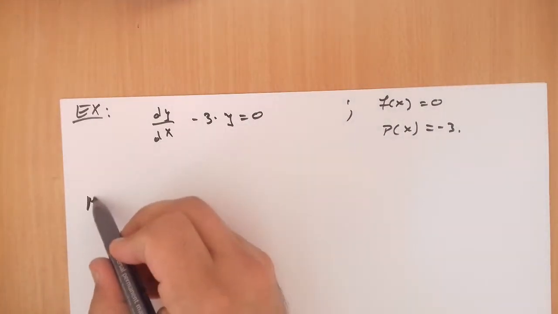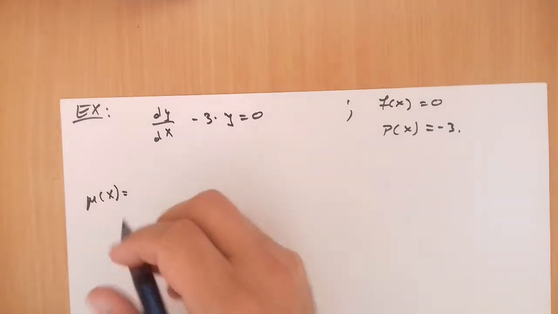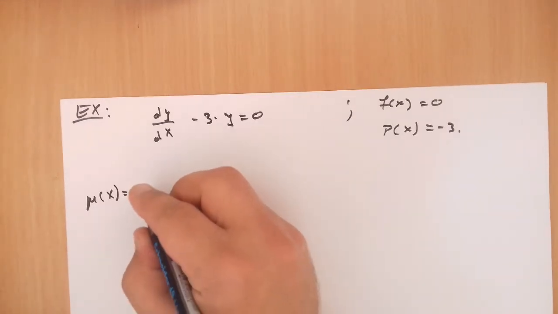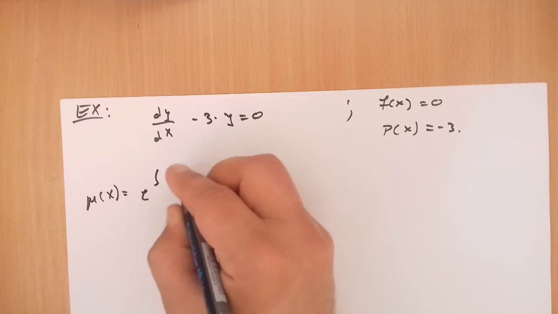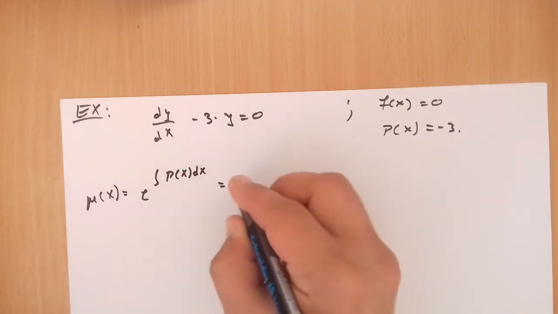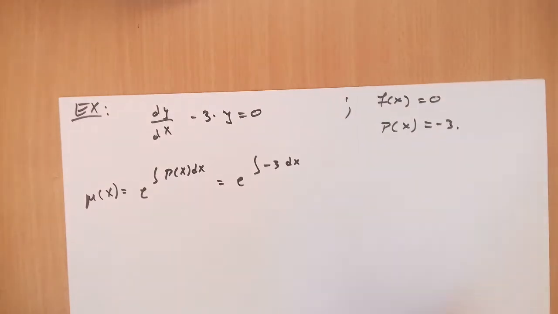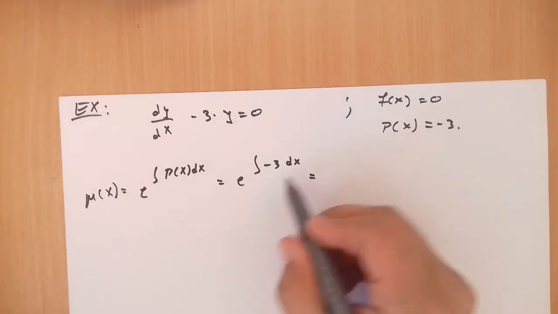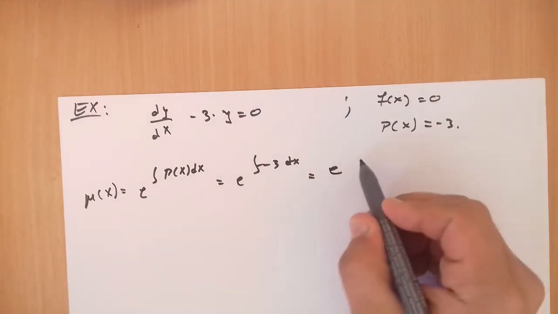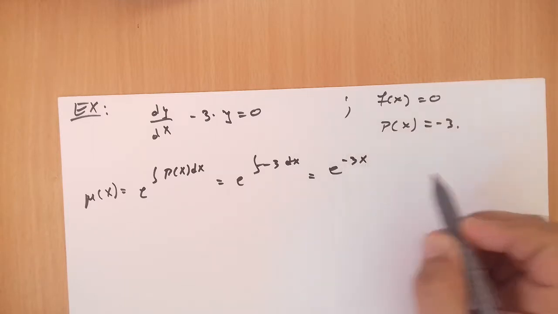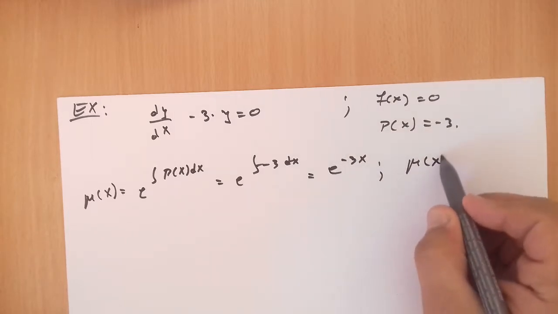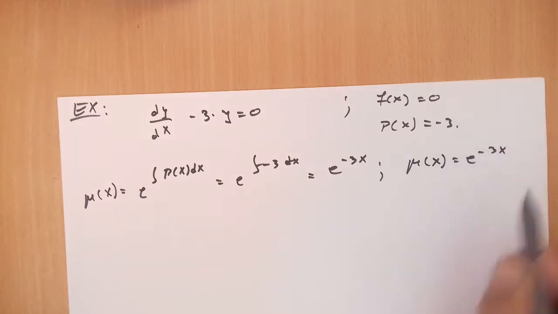So mu of x is equal to e to the integral of p of x dx, e to the integral of minus 3 dx, e to the minus 3x. So mu of x is e to the minus 3x.